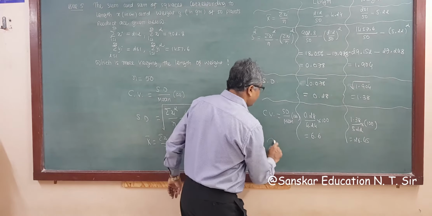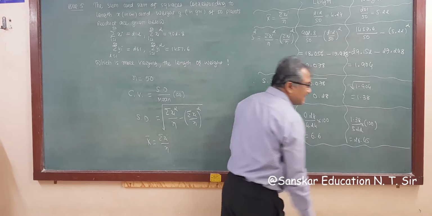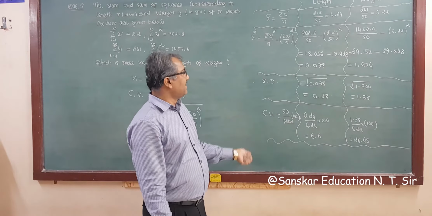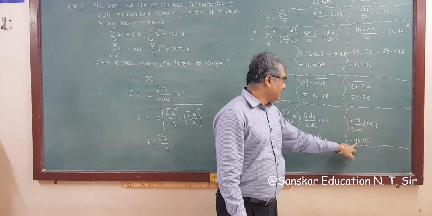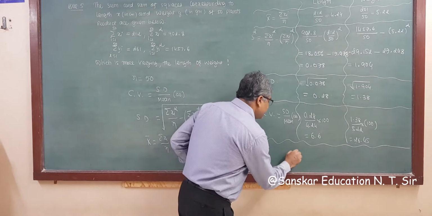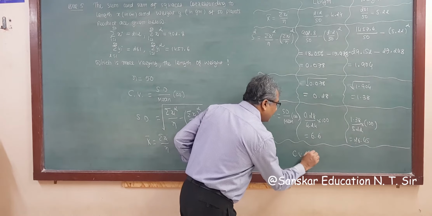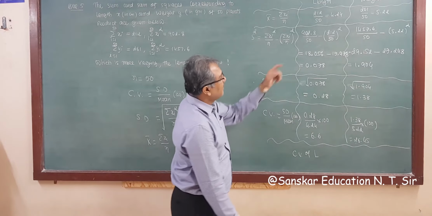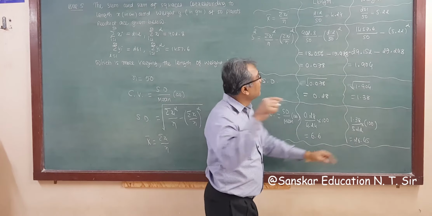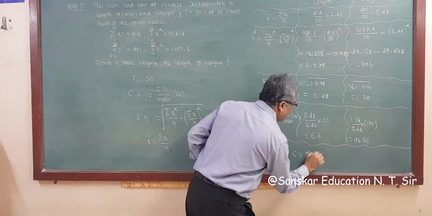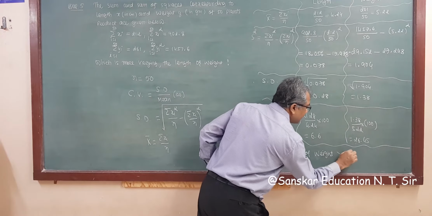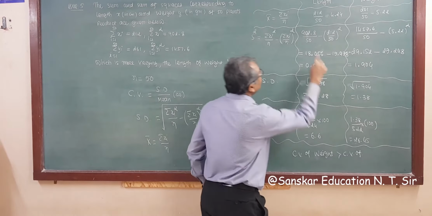So you can see very clearly that the CV of weight is greater than the CV of length, right? CV of weight, not length. CV of weight is greater than the CV of length.